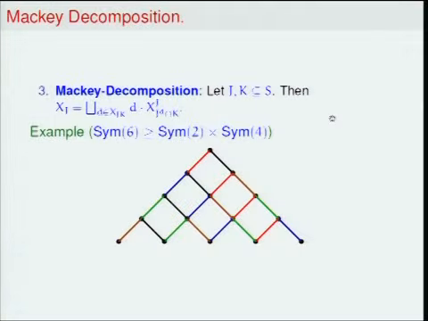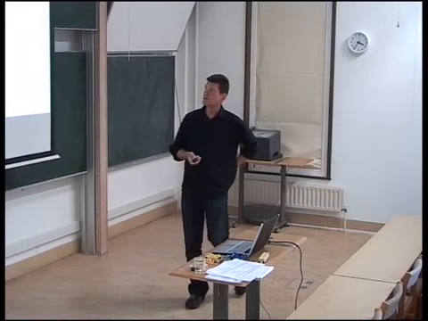The third property is a Mackey decomposition. Mackey decompositions are concerned with two parabolic subgroups, and then one can decompose the transversal with respect to one subgroup in relation to the other as a disjoint union of such shifted coset graphs, and the disjoint union again is indexed by the double coset representatives.